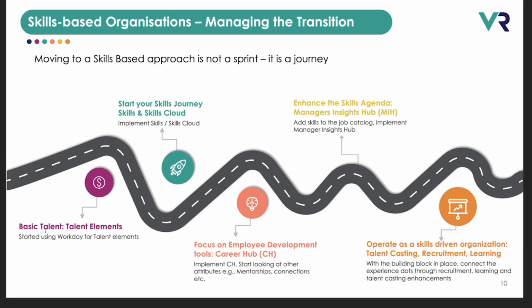So journeys. To become a skills-based organization, like we spoke about, is quite a complex transition for a lot of people. When we start talking to someone, they're usually already using Workday for some of the basic talent elements: your assess potentials, sometimes nine box calibrations, etc. And they want to start using skills with that.